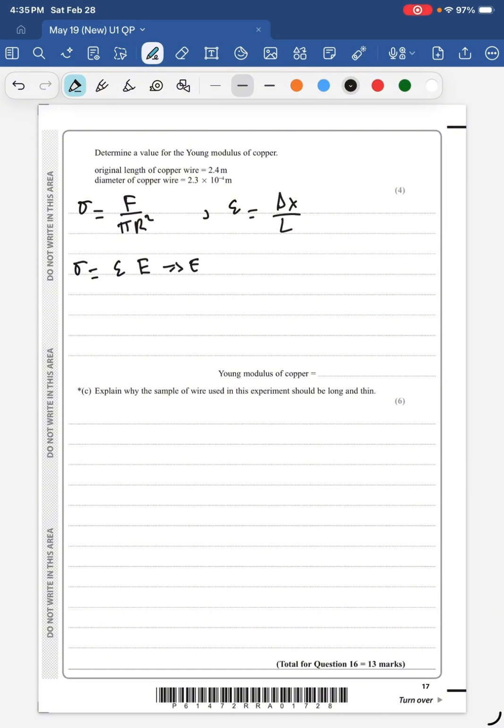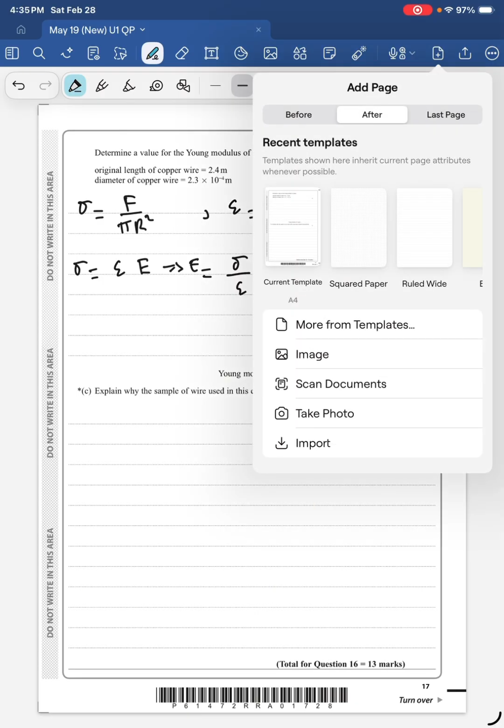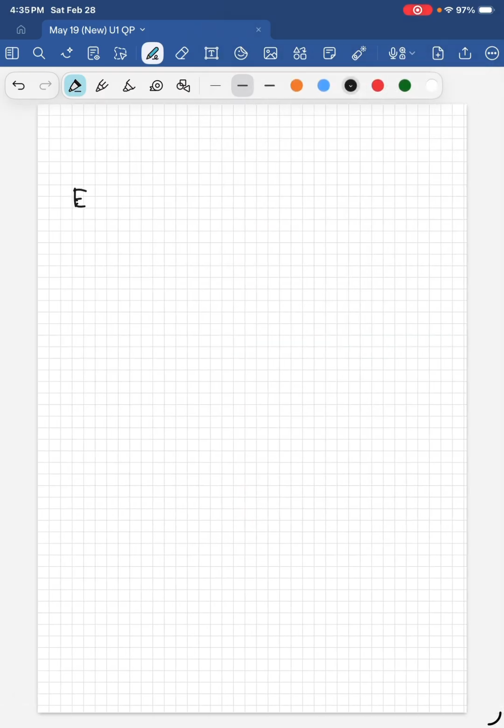So E is sigma over the strain, or force over pi r squared over delta x over L. So this is F over delta x times L over pi r squared.